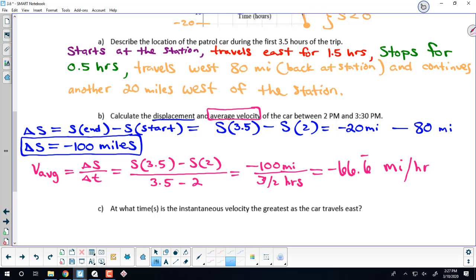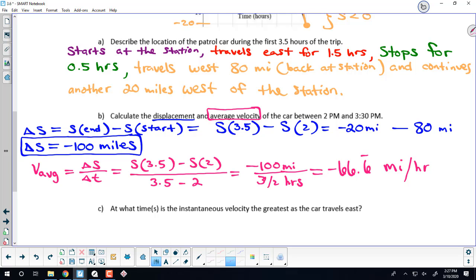Yeah, they're going west. So remember, speed is the absolute value of velocity. They're traveling at 66.6 miles per hour, but the negative indicates direction. As with any velocity, the sign of that number will indicate a certain direction. So that means they're traveling 66.6 miles an hour west. Again, we knew that from the displacement.